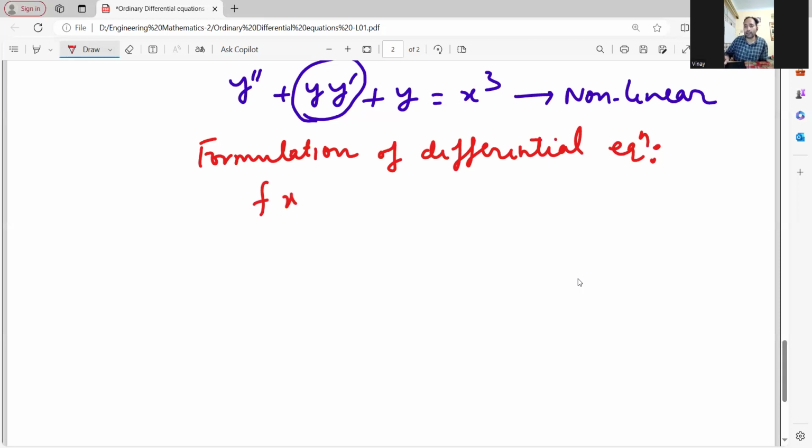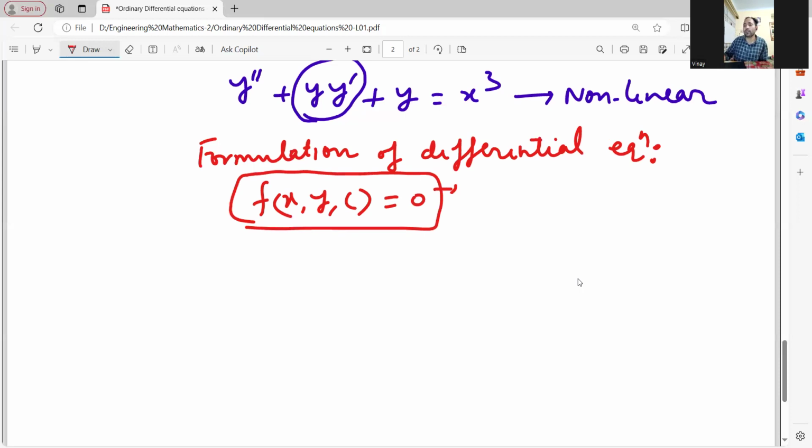Let's say I have a function f(x, y, c) is equal to 0. This equation, what does it tell you? Is it not a family of curves? For different values of c, you will get a different family of curves, where y is the dependent variable, x is independent.